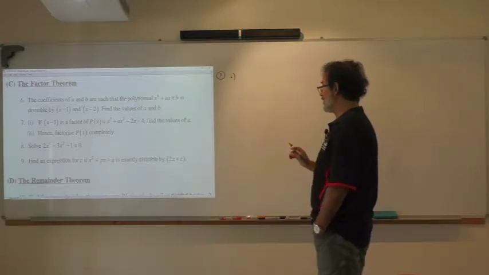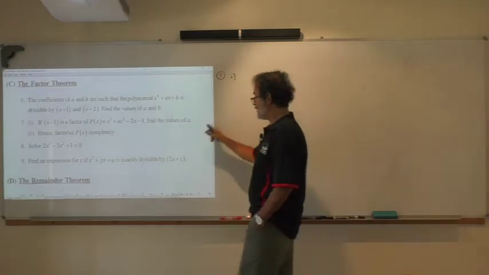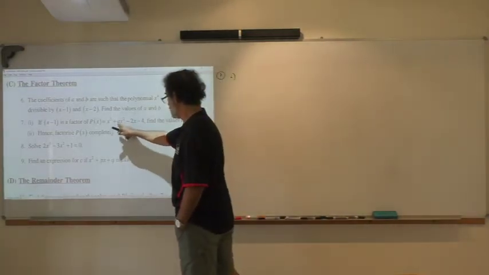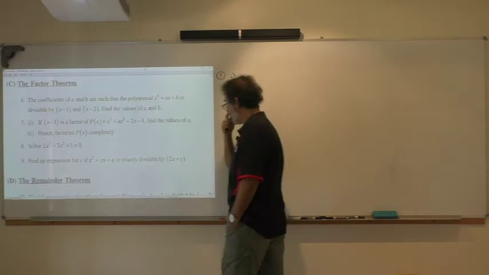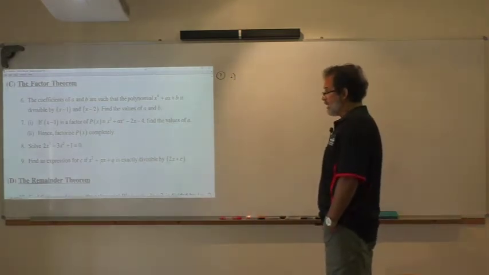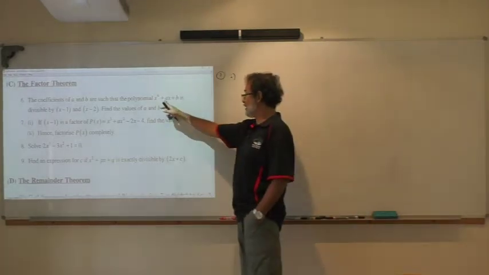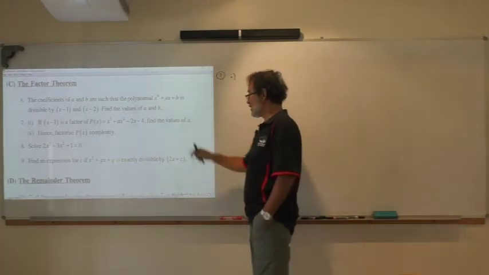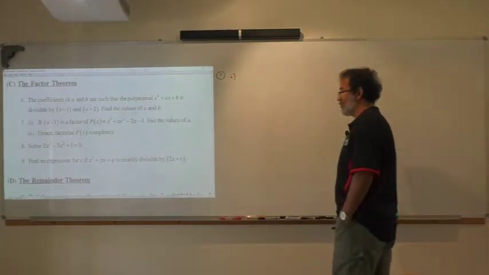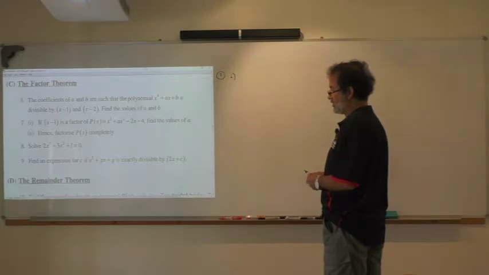This question is a little bit easier than the one that we just did, because in here we have only one unknown, which is a. Only one coefficient is missing, whereas before we had 2, the coefficient of x and the constant.